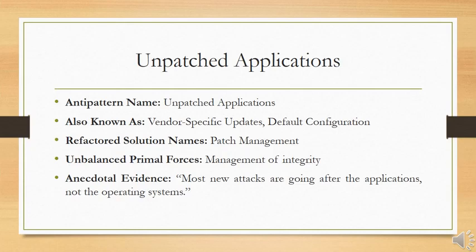The same can be said for the enterprise patch management solutions from companies like BMC, Altiris, and HP, which are widely deployed in large corporations. Patch management in many government organizations is done manually. The worst case of this anti-pattern is when systems with default configurations are put on production networks.